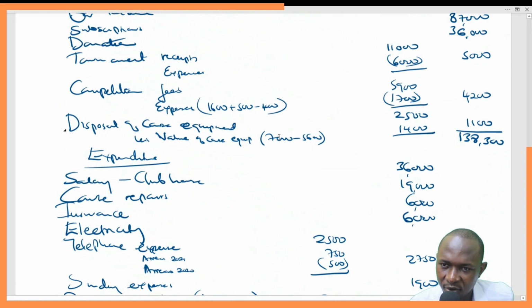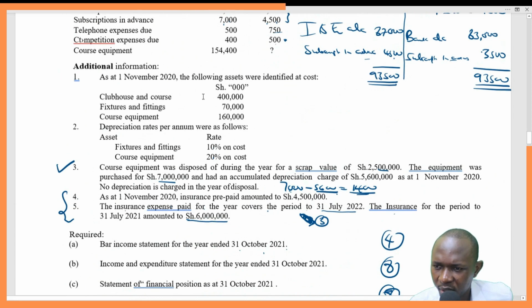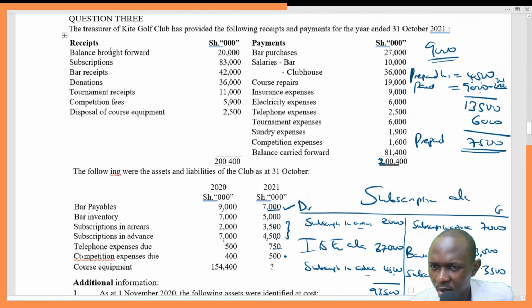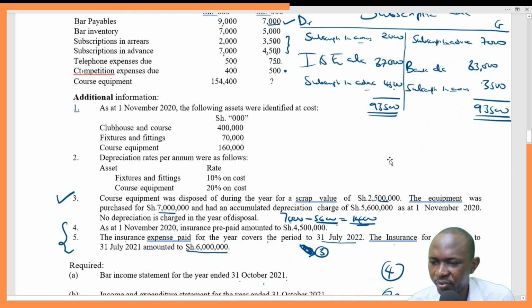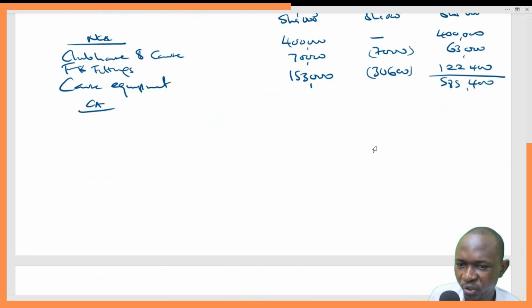Current assets. What are our current assets? Let's start from the top. Of course we have the bank. Bank balance is 81,400. Hope you are enjoying this. It's quite good.